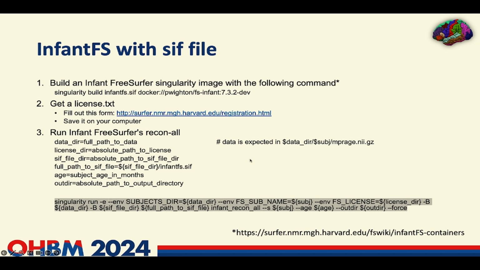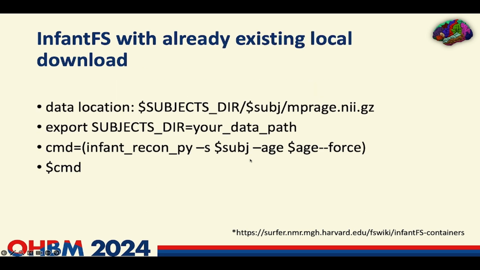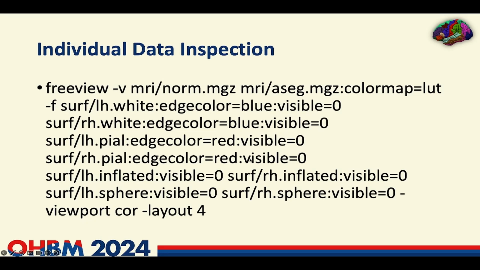Only 6 parameters to set for the default run, so it should be fairly straightforward. We have more instructions on the wiki, and if you have any questions, let me know. If you already have FreeSurfer and the infant version downloaded, the command is fairly simple: you just need to set the data location, identify the subject and the age, and then you run the command.